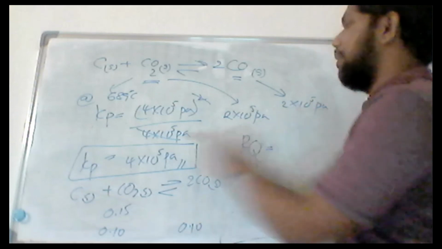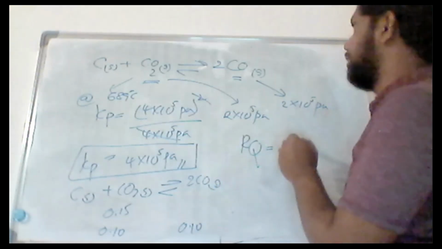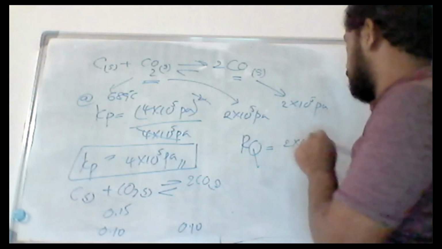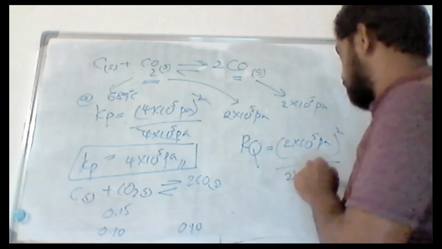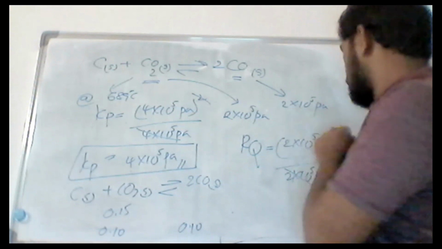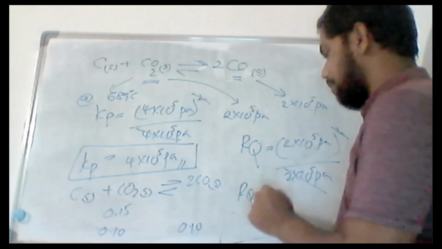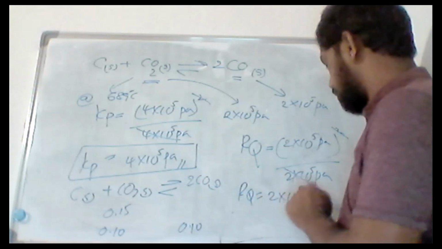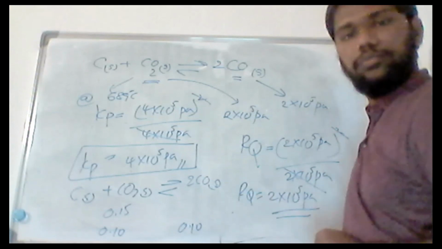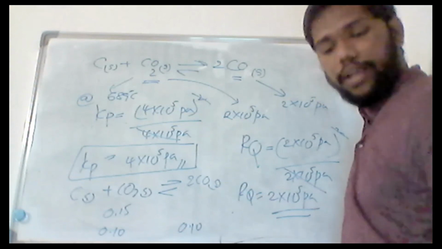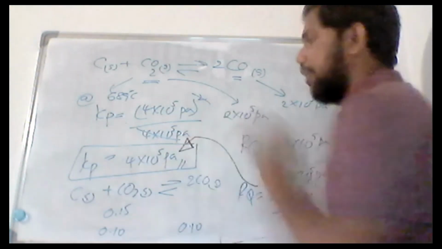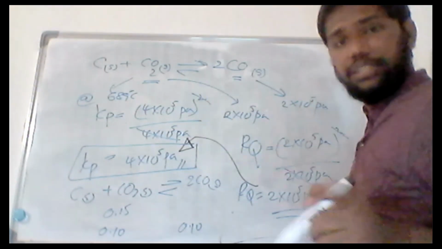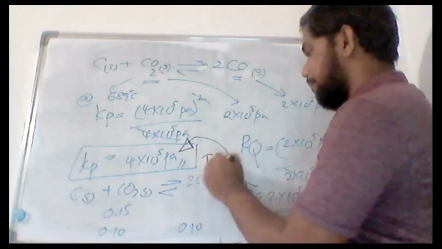So for an example, according to our RQ expression, this should be 2 into 10 to the power 5 Pascal squared over 2 into 10 to the power 5 Pascal. So you can cut one. So I have my RQ as 2 into 10 to the power 5 Pascal. So this RQ value should go from here to here, which means this should increase.